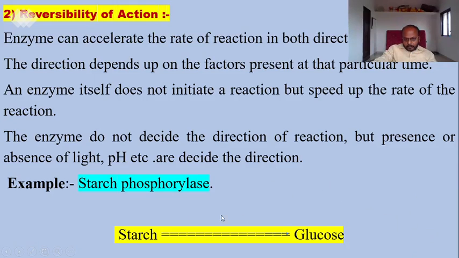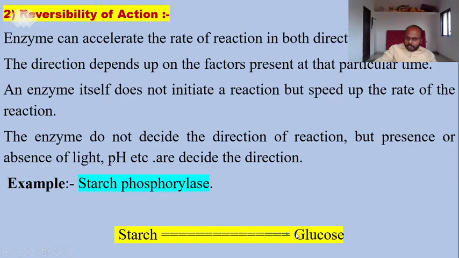If you take the example of this reaction, the enzyme starch phosphorylase catalyzes the reaction of starch into glucose and glucose into starch. So here this is the reversible action, and this direction is decided by factors, for example light and pH. That means here light and pH decide the direction of the reaction.